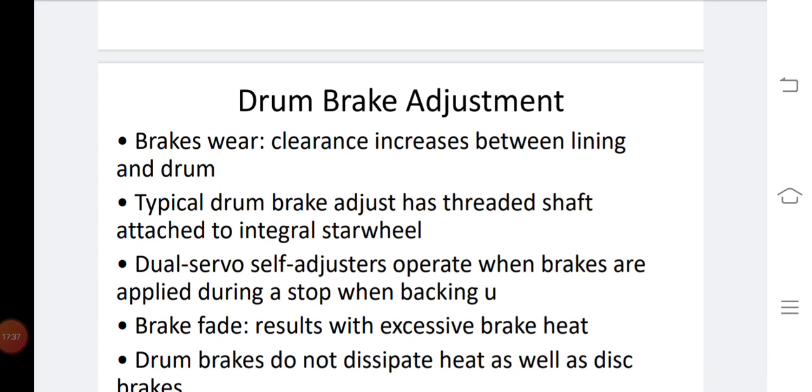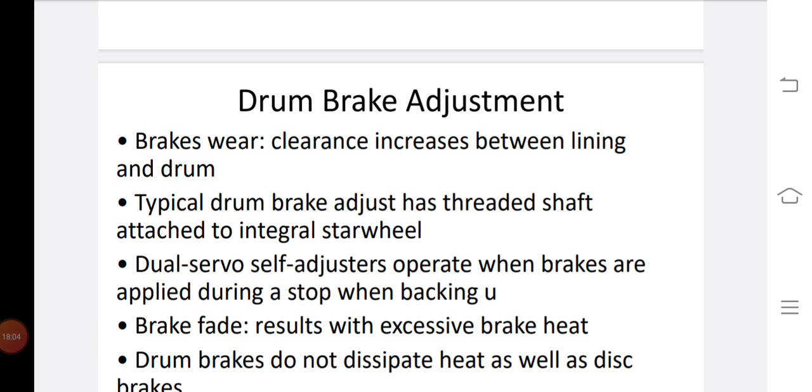One more thing, there is another type of braking system, that is the duo servo braking system, and this brake arrangement is also known as the self-energizing brake. It is a very powerful brake, and it is very effective, reducing the severity with the decrease in friction values.